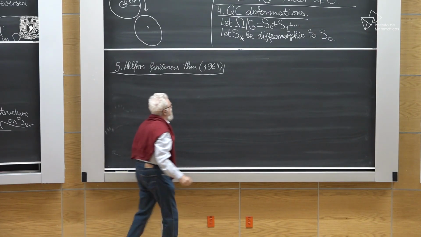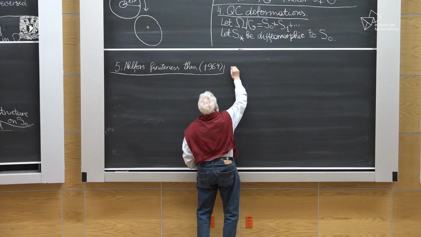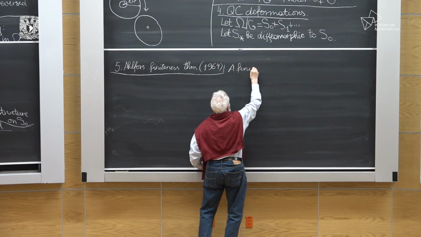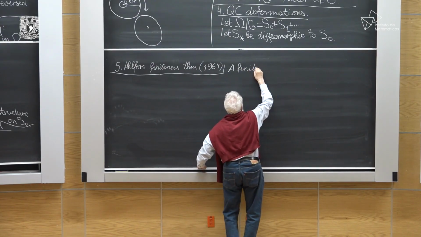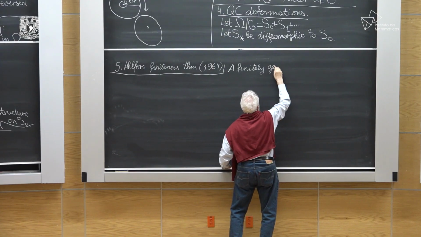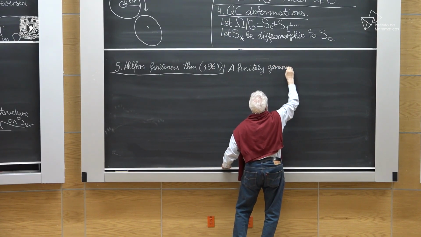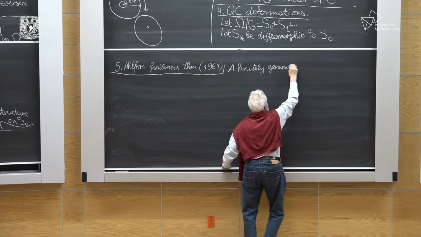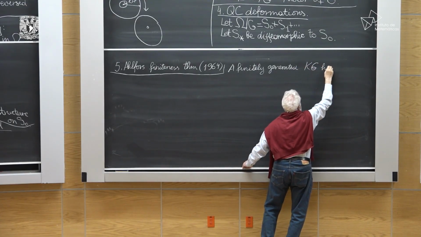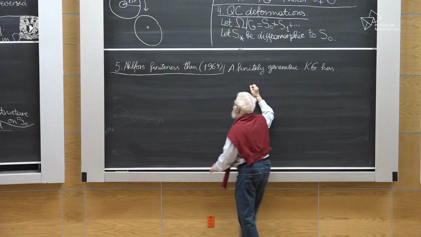It claims that a finitely generated Kleinian group has a factor of finite type.